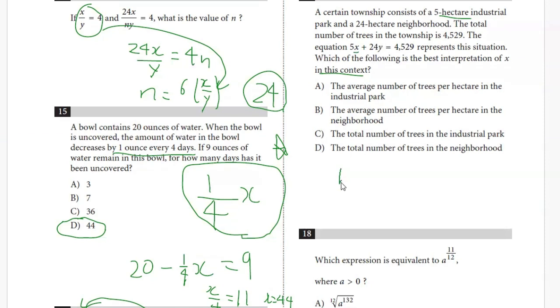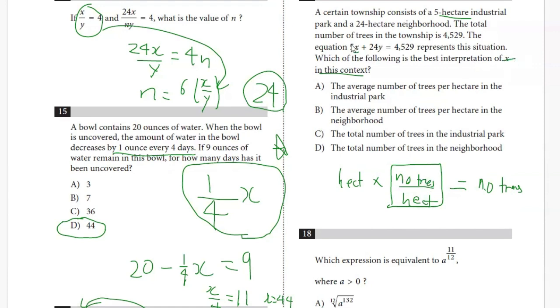So if I have hectare, I need to multiply something here to get a unit of number of trees. So if I want to get an output from hectare to number of trees, I need to multiply by number of trees per hectare, right?